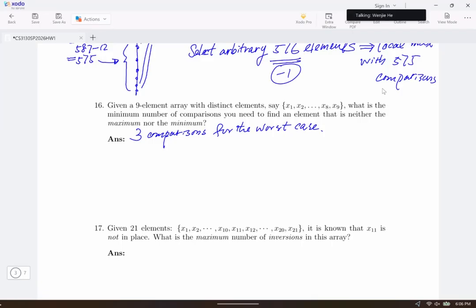9-element array. We want to use the minimum number, that is, neither the maximum nor minimum. First, how important is this number 9 here, the total number of elements? Many times, that specific number is not important, just like our previous 587, where that number is very important.